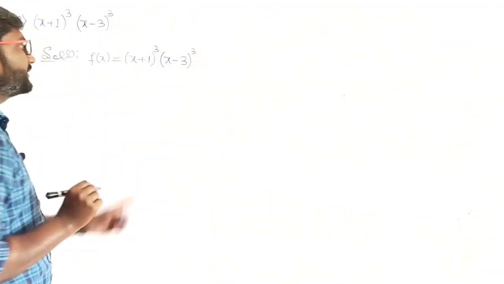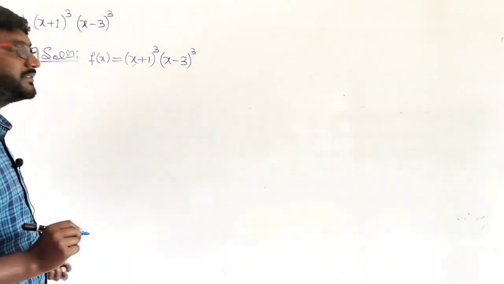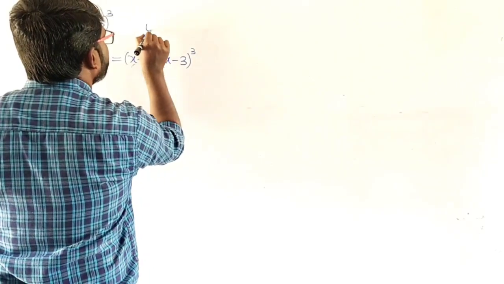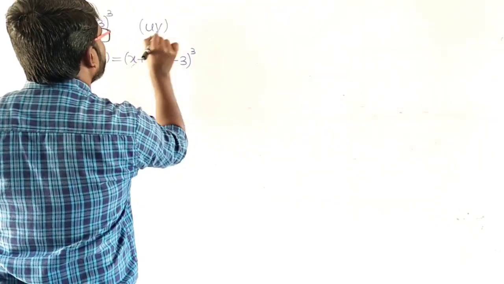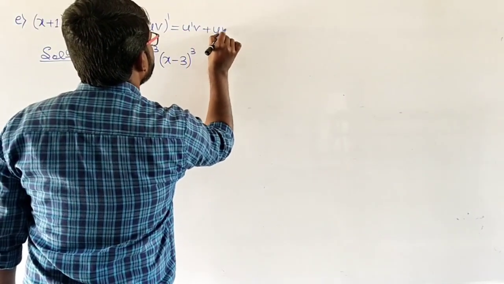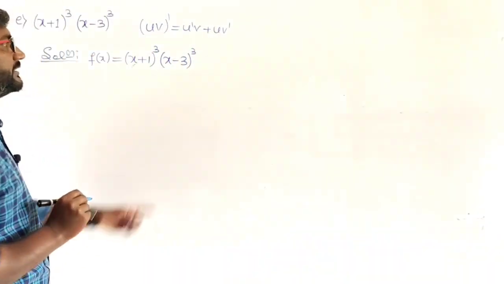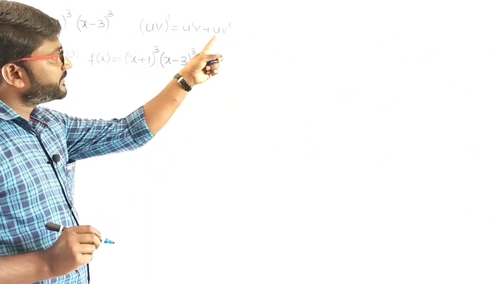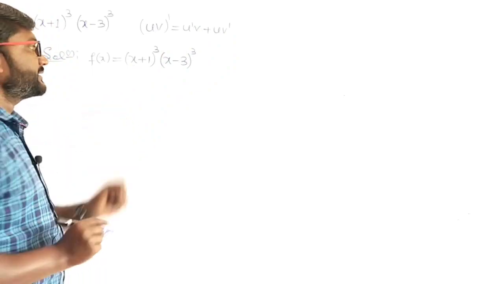So here we have to differentiate both sides with respect to x, and here we have a product of functions. That means we will have to use u into v the whole dash, which is equal to u dash v plus u v dash. So differentiation of the first function, write the second one as it is, plus now write the first function as it is, differentiate the second function.